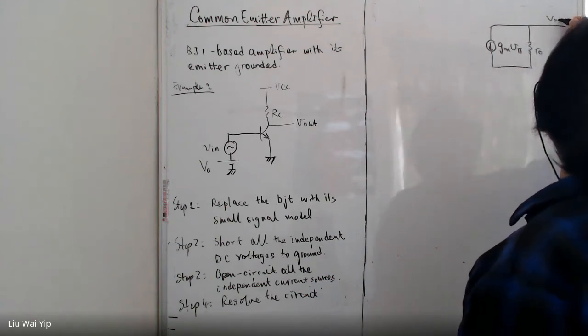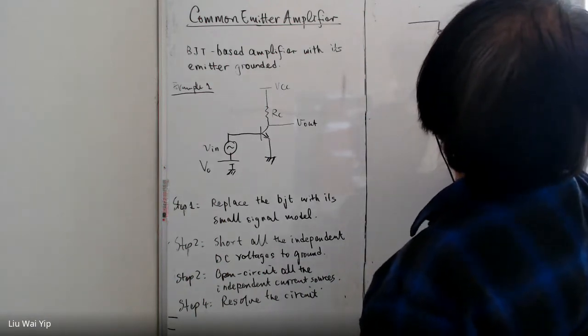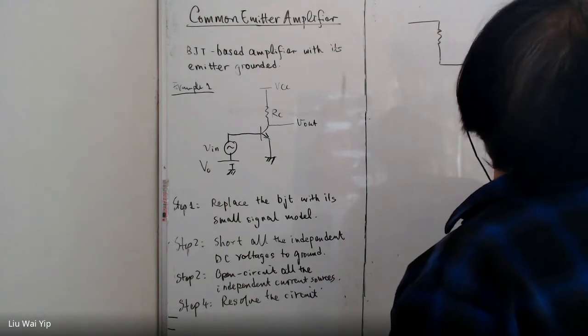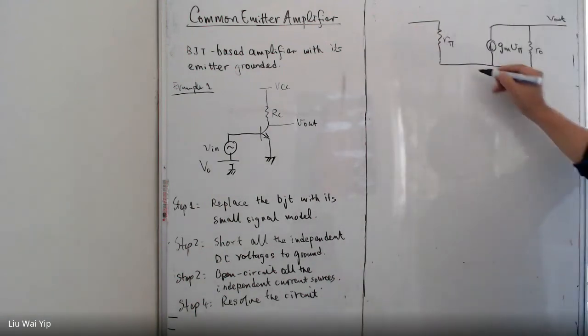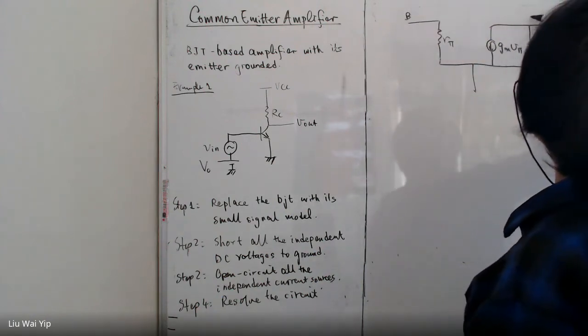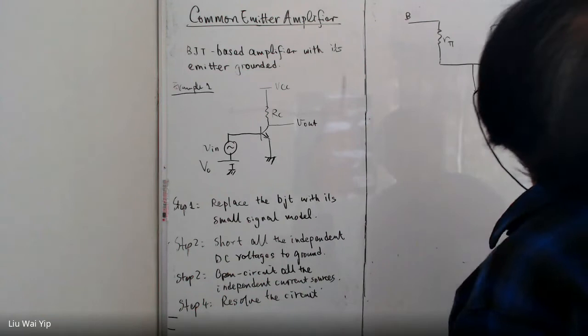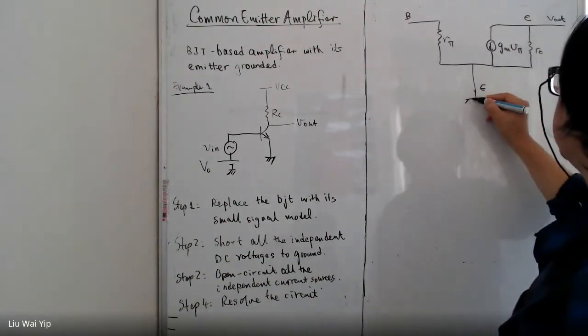And then r pi and B, C, E. And now the E terminal is connected to the ground.